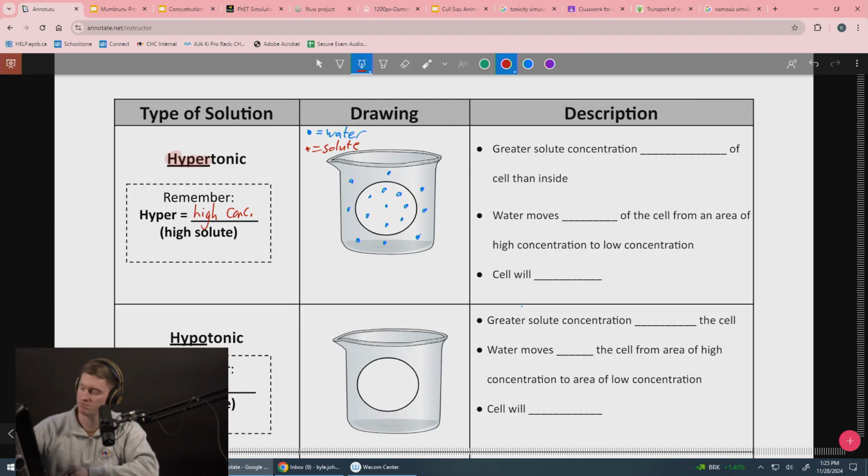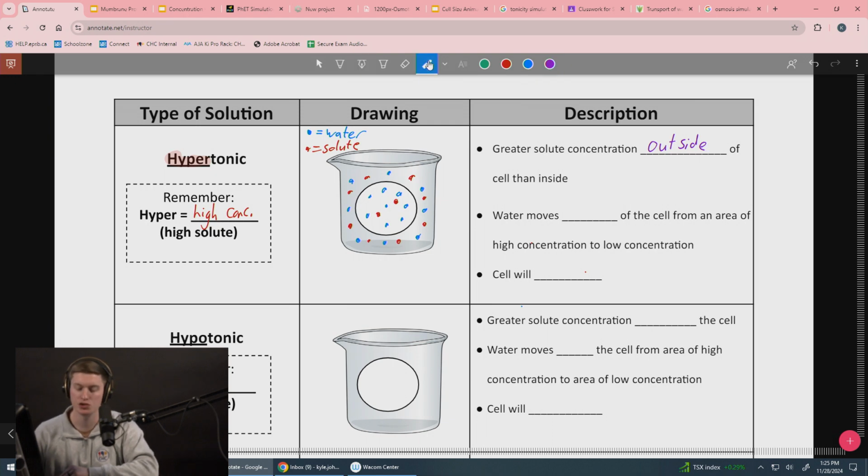So I'm going to put 2 solute molecules inside the cell, and I'm going to put more than 2. I just drew a bunch of dots, 8 outside the cell. This means that there's a greater solute concentration outside of the cell than inside.